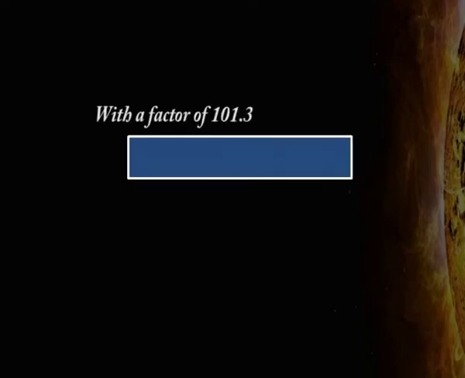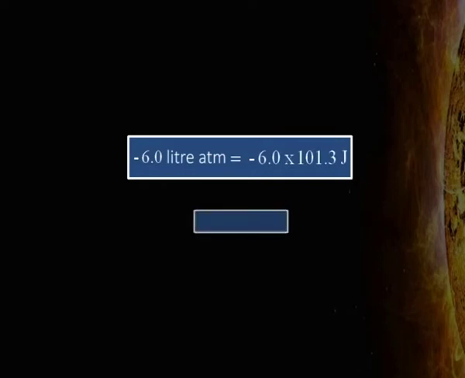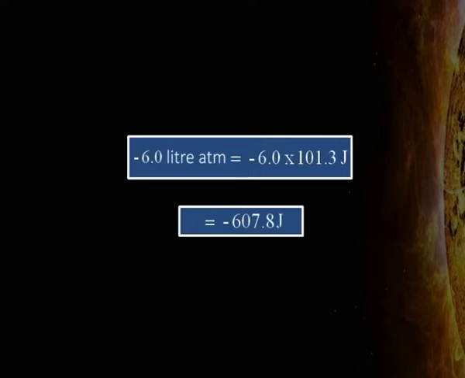To convert the work in liter atmosphere in the units of joule, we have to multiply the work in liter atmosphere with a factor of 101.3. Therefore, minus 6 liter atmospheres will be equal to minus 6 multiplied by 101.3 joules, equal to minus 607.8 joules.